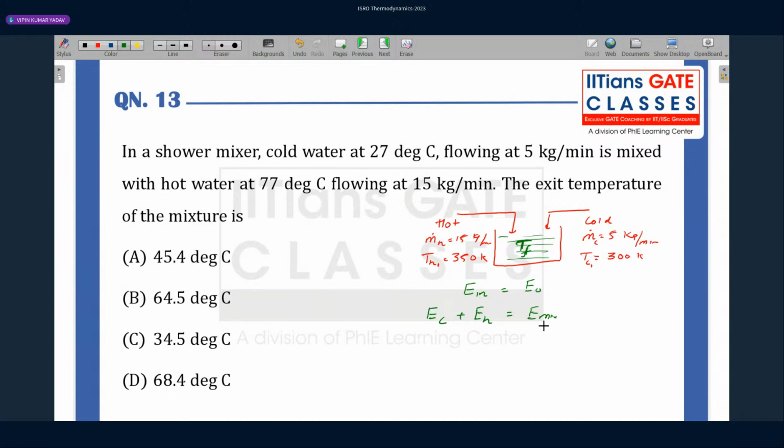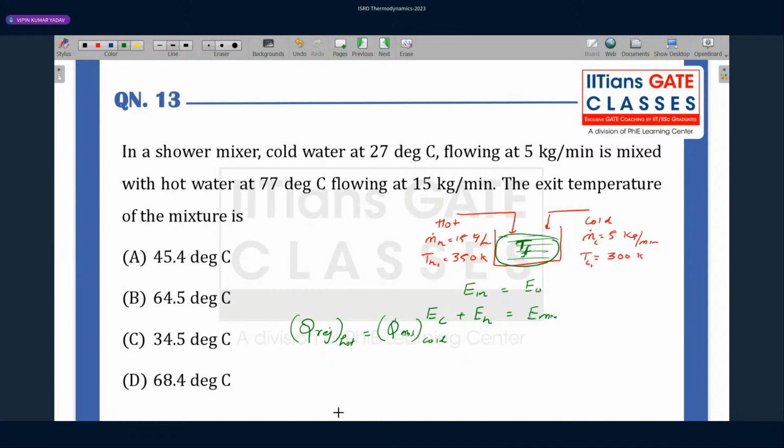Or there is another way. When hot and cold fluid mix, Q rejected by hot fluid is equal to Q absorbed, or energy absorbed, by cold fluid. So this is how we are going to do it.